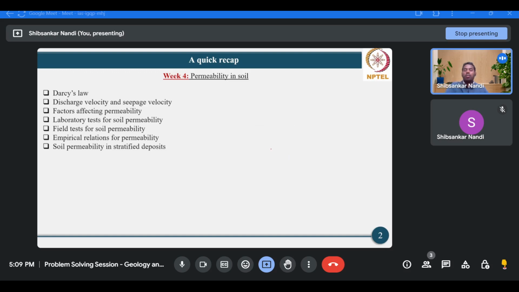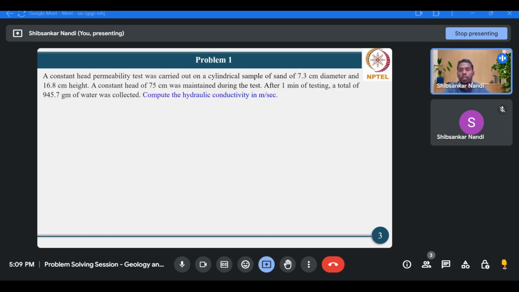Okay, so this is a brief overview of the topics which we have learned in this week 4. Now we'll start today's session with this problem. A constant head permeability test was carried out on a cylindrical sample of sand of 7.3 centimeter diameter and 16.8 centimeter height.